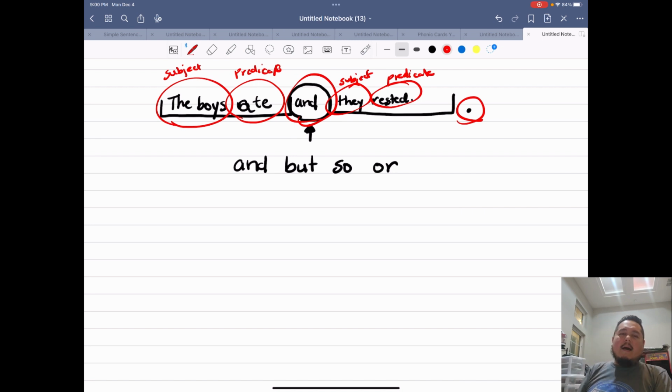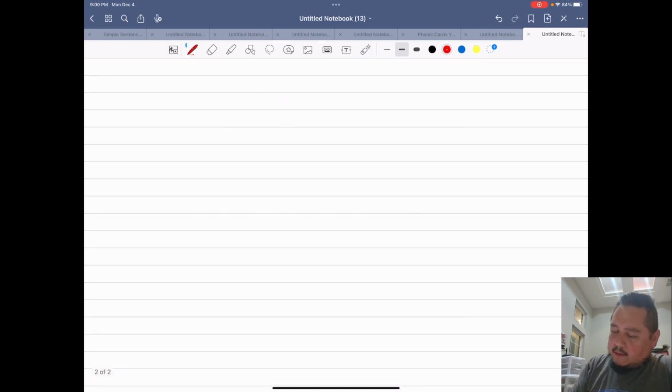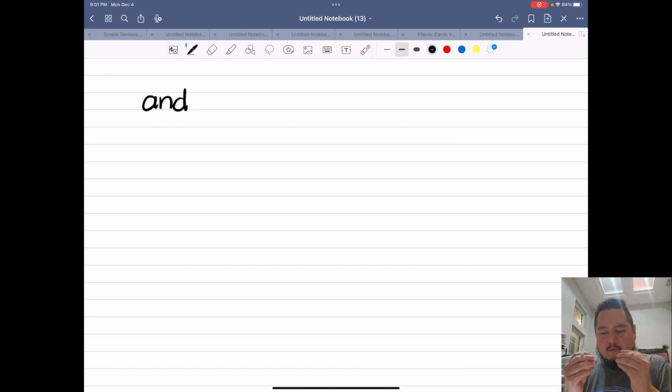So let's talk about the conjunctions, because I want to show you which is the correct conjunction to use when you are combining two sentences. Let's get started with and. And is when you're going to combine two things, usually two actions.